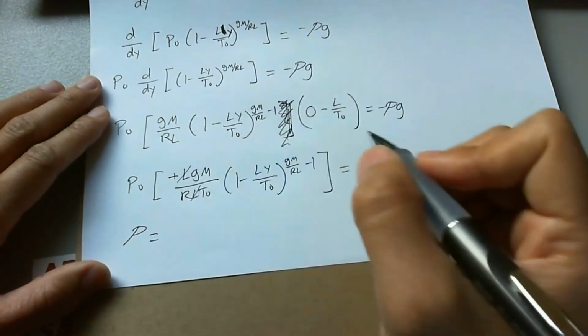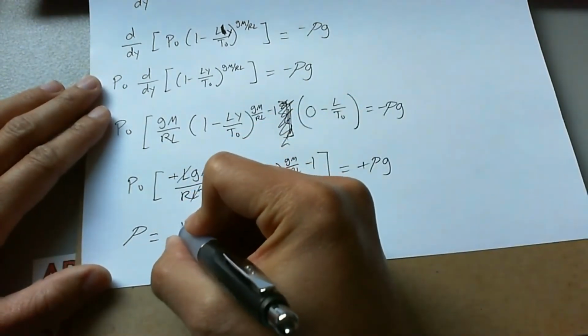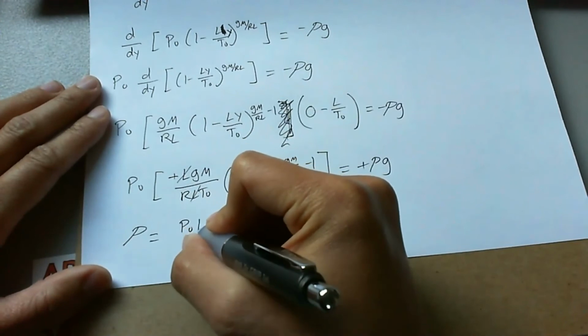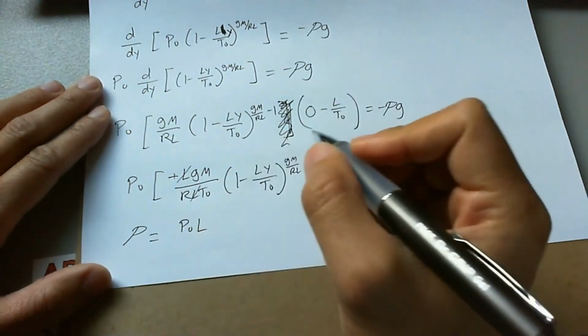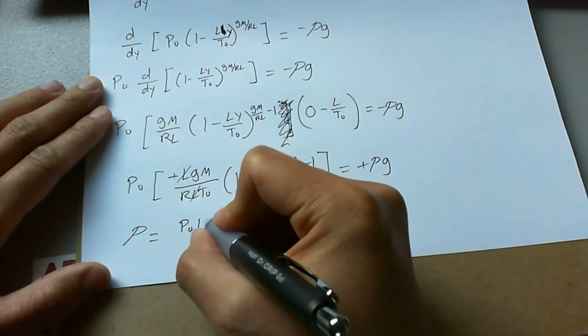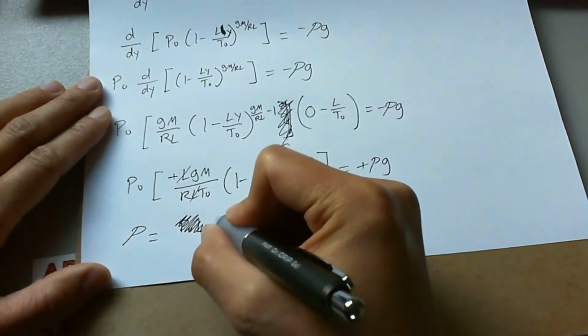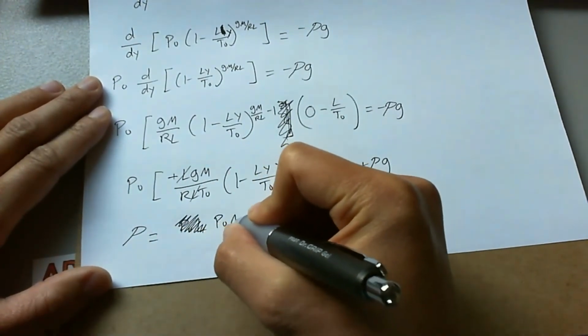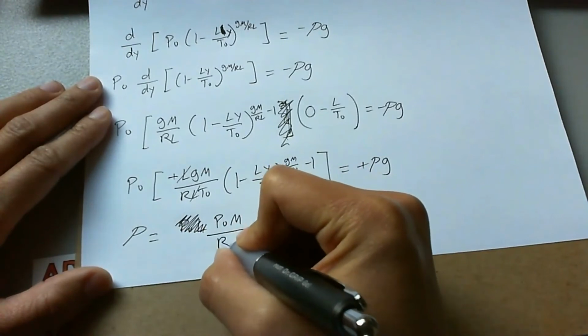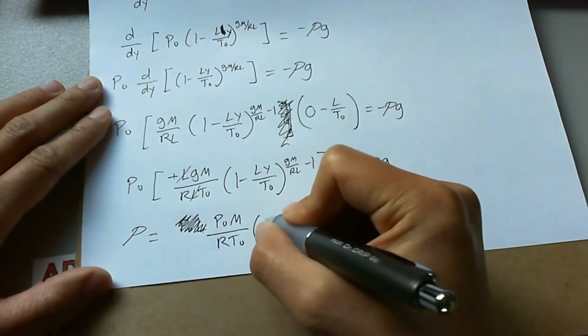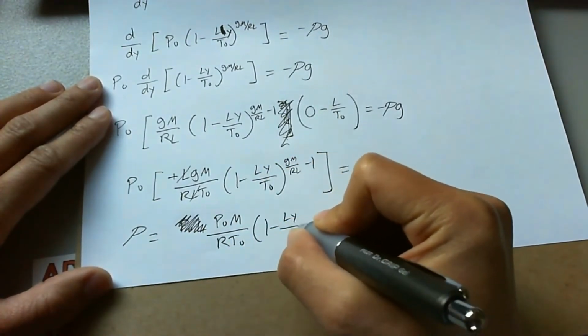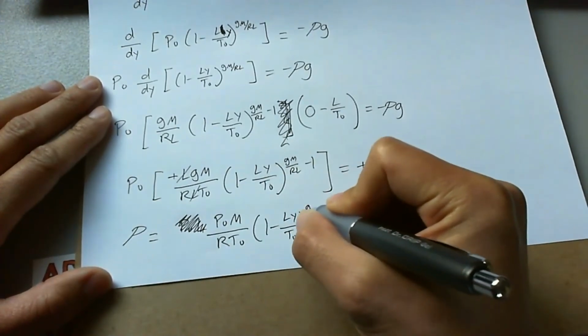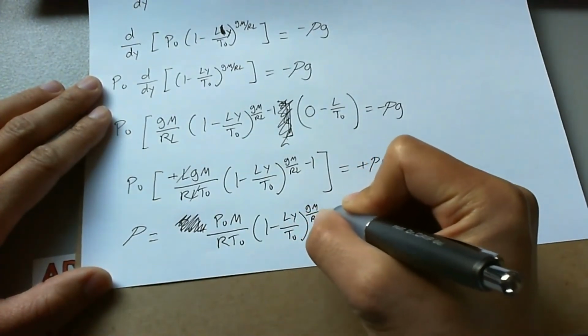So now what we have is P naught M over R T naught, times 1 minus Ly over T naught to the power of Gm over RL minus 1.